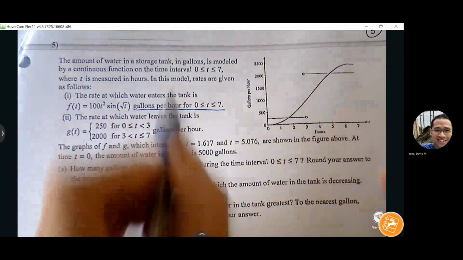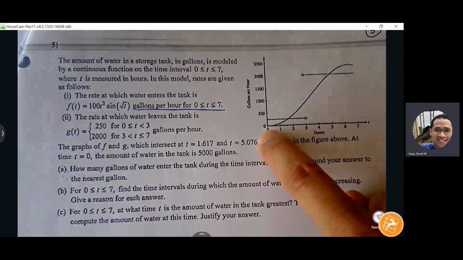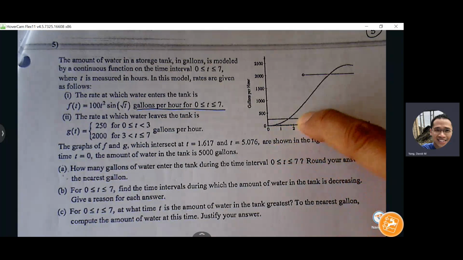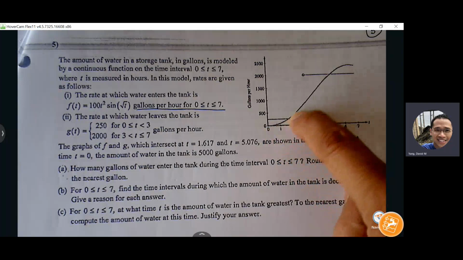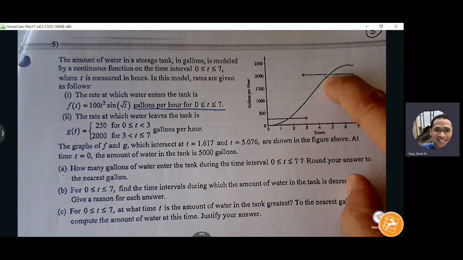So that's given by this curve here. We see that the rate at which water is entering the tank is going to gradually increase, right? Initially it's 500 or 0 gallons per hour, and then 1,000 gallons per hour, then eventually rises to 2,500.